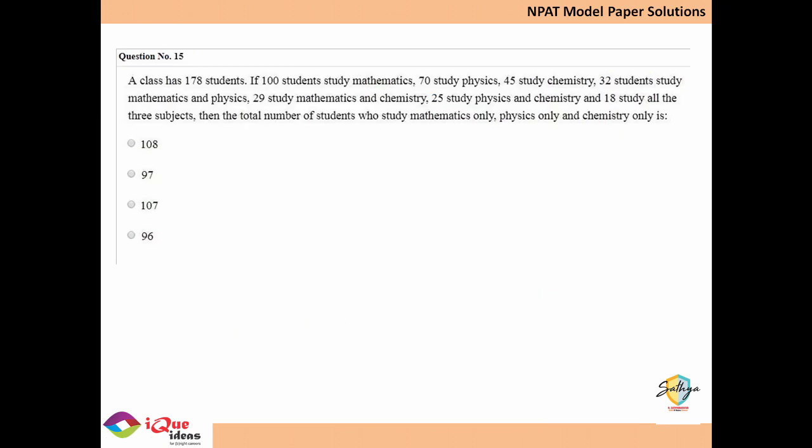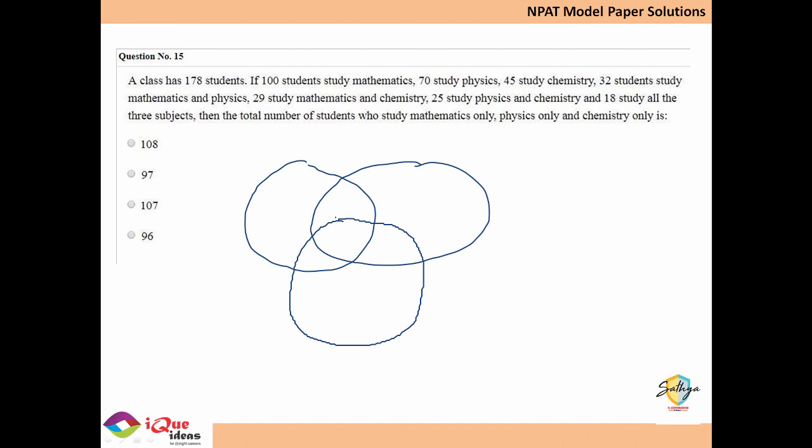Okay. 15th one. A class has 178 students. Total 178 students. Now there are 3 subjects. So I'm going to draw the 3 subjects, right? And in set theory, Venn diagrams are easiest. So 100 students study maths, 70 students study physics, and 45 students study chemistry.